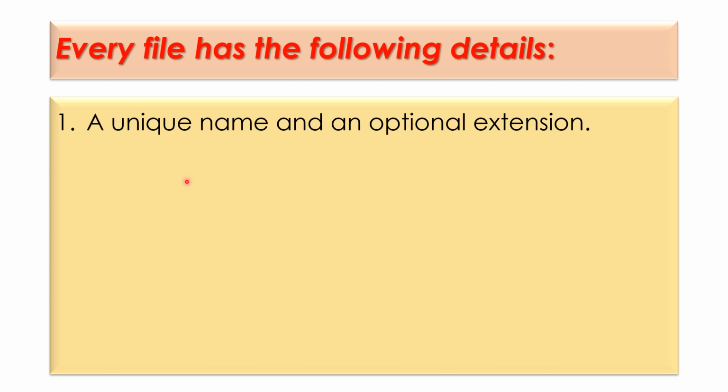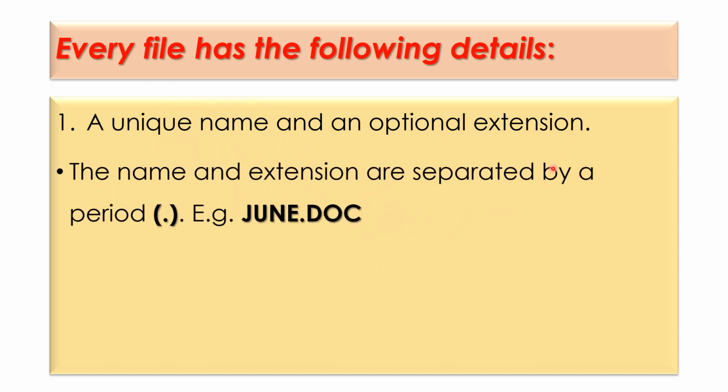So every file has the following details. Remember this. Number one, you have a unique name and an optional extension. A file should have a name and should have an extension. The name and extension are separated by a period or a dot.